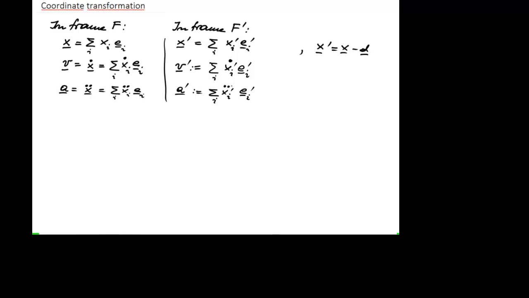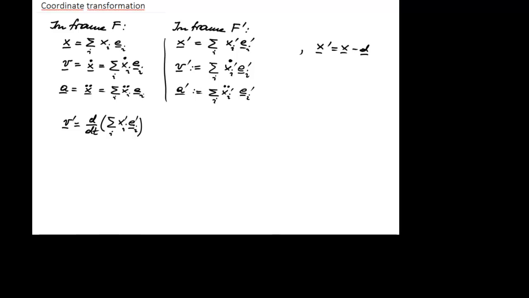I claim that v prime, as defined there, I can also write as d over dt of the sum over i of xi prime ei prime. But then by product rule, when I do that, I get a contribution xi prime dot ei prime. That's what I wrote as the definition.